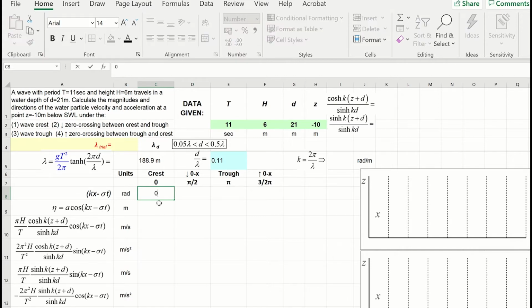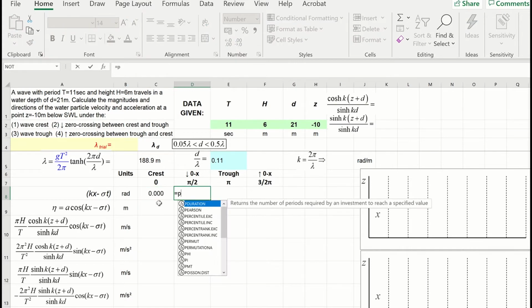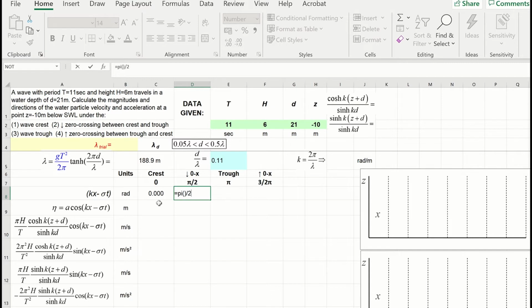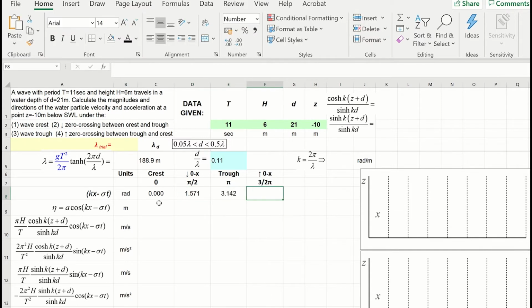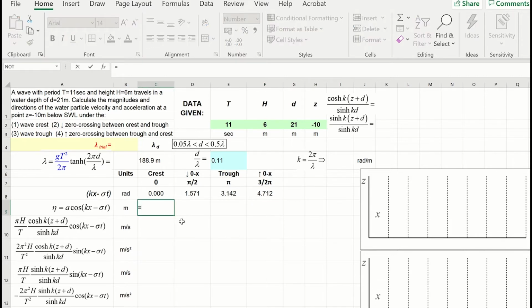So this would be equal to 0, then this would be equal to pi divided by 2, this would be equal to pi, and this would be equal to 3 multiplied by pi and divided by 2. And now I can calculate the water surface elevation as wave height divided by 2.